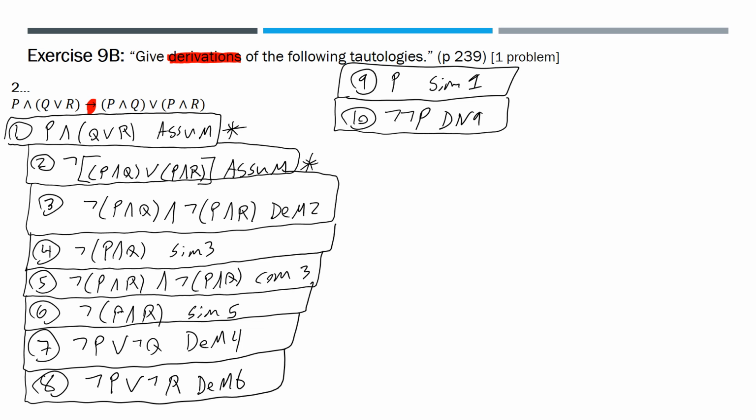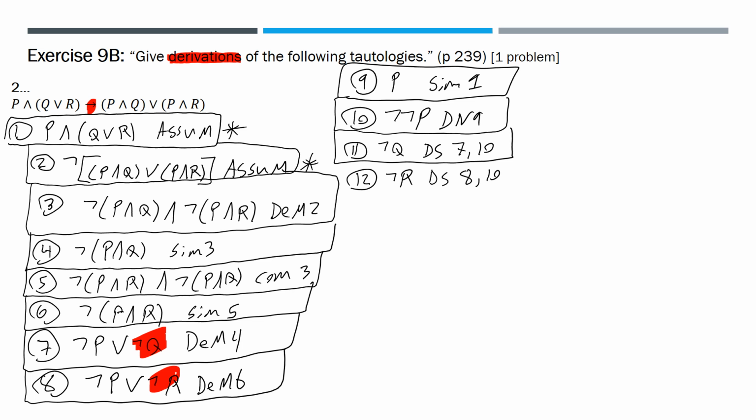For 10, let's double negate, not P, double negation 9. And from that, we can get this not Q by disjunctive syllogism. So for 11, we'll get not Q, disjunctive syllogism, 7, 10. And likewise, we can get this not R from 8. So for 12, we can get not R, disjunctive syllogism, 8, 10.